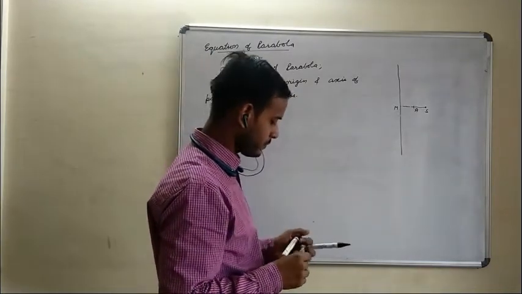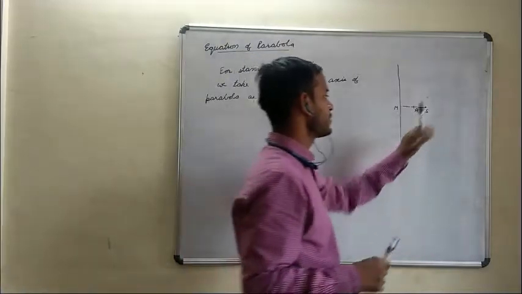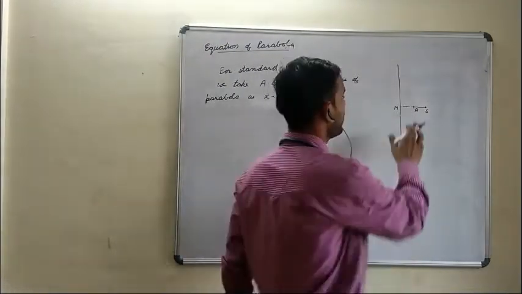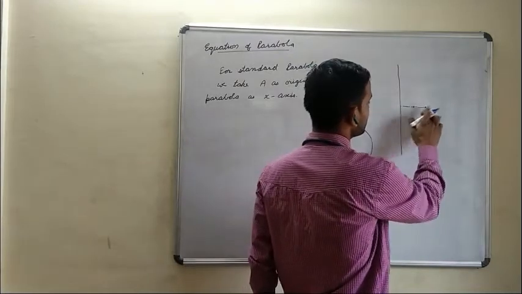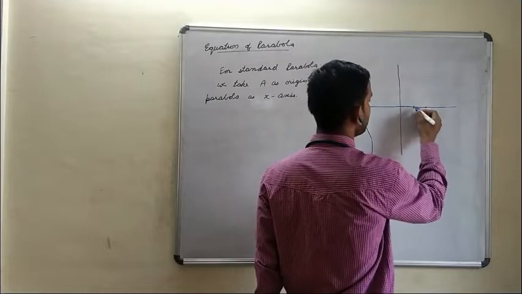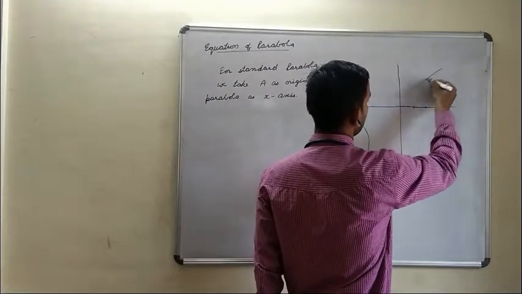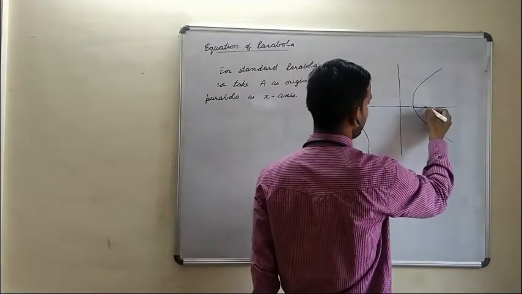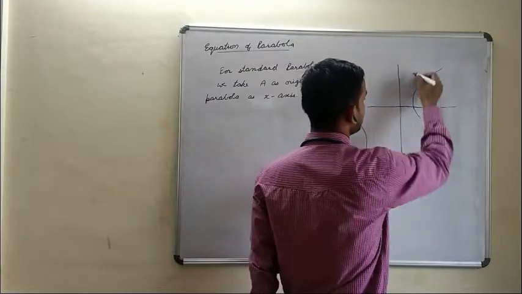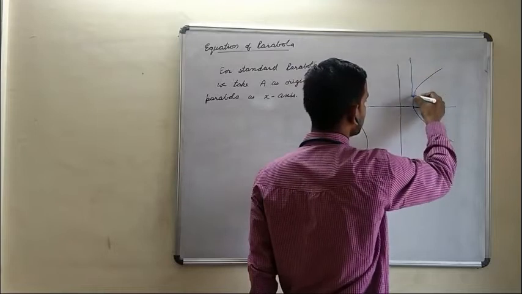Okay, so see, if this is the origin and this horizontal line passing through A is the x-axis, this is the case, this is our parabola, this is focus S, and if this is the origin, this will be our y-axis.